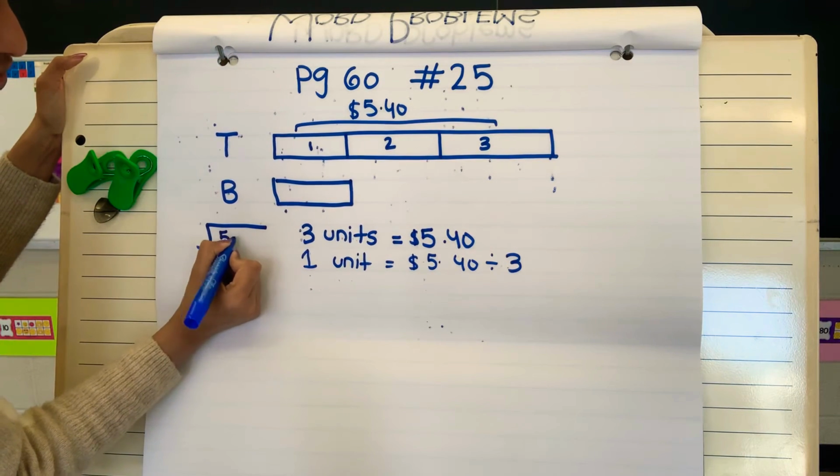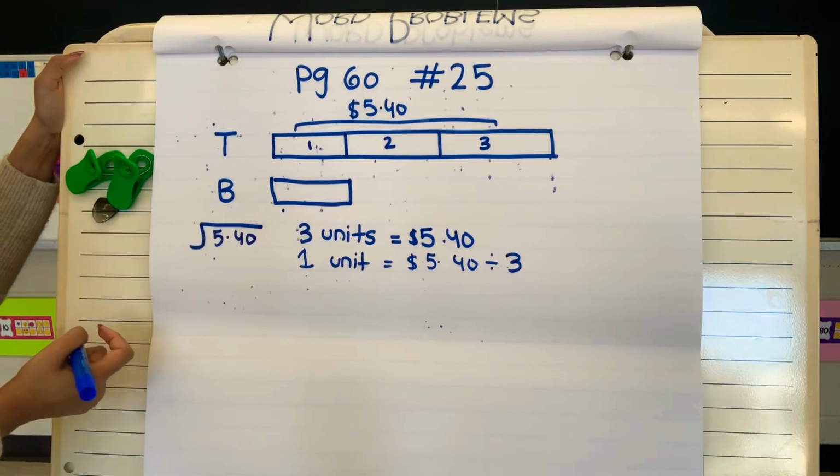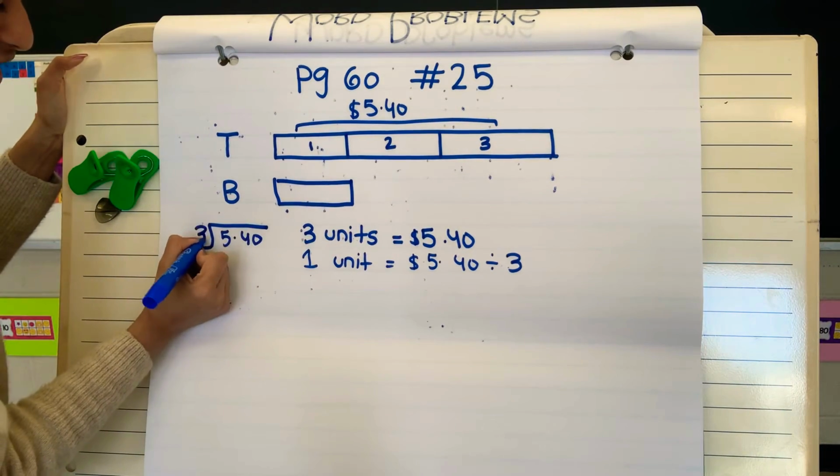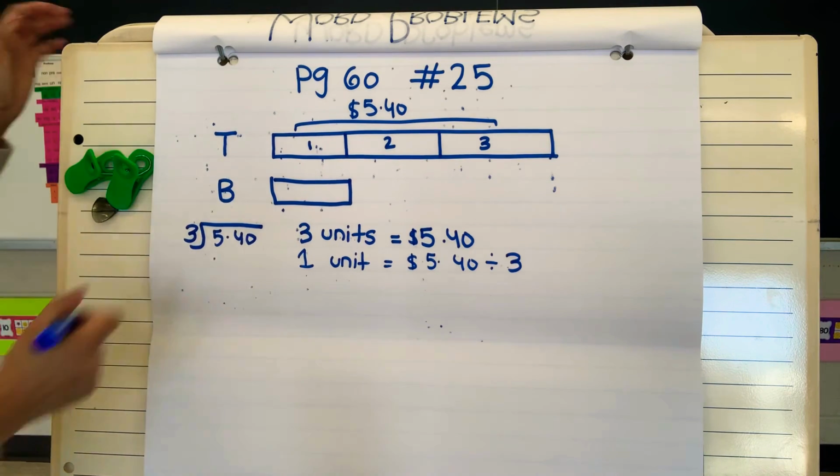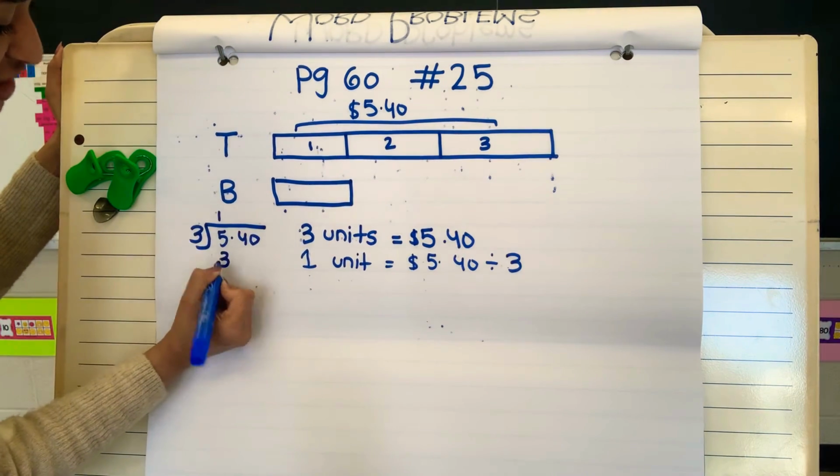So 5.40 divided by 3, okay? So 3 times 1 gives me 3.